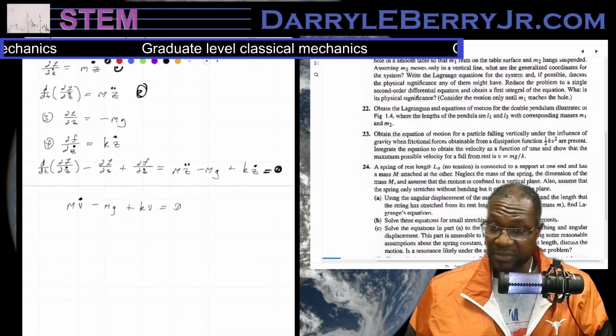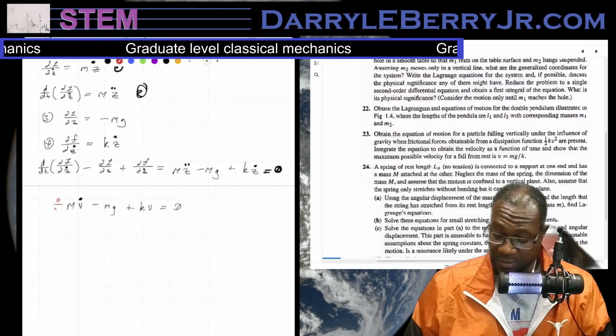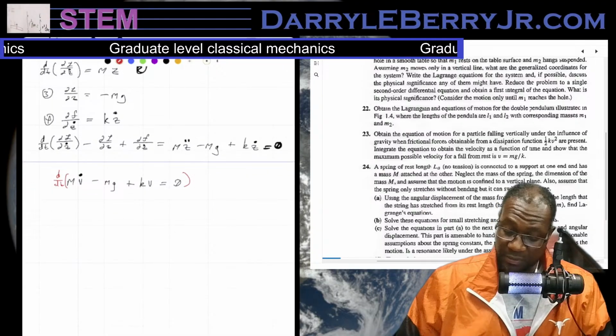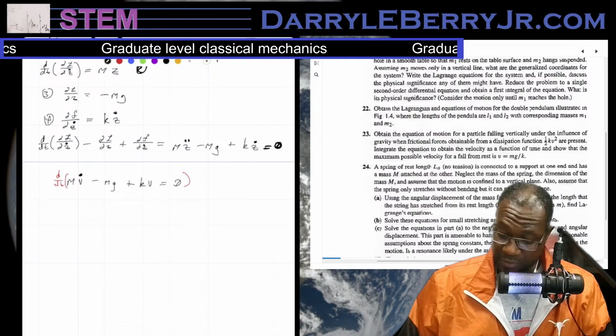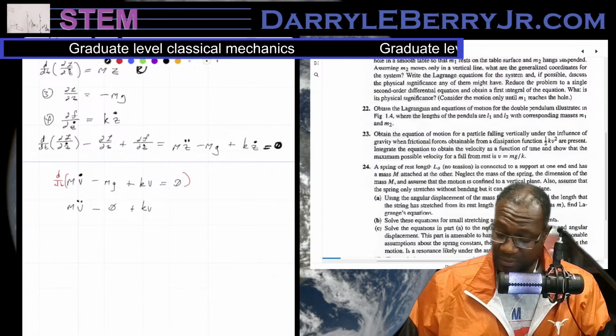Now, interesting thing here is she differentiates this with respect to t. So this is going to be m v double dot minus 0 plus k v dot equals 0.